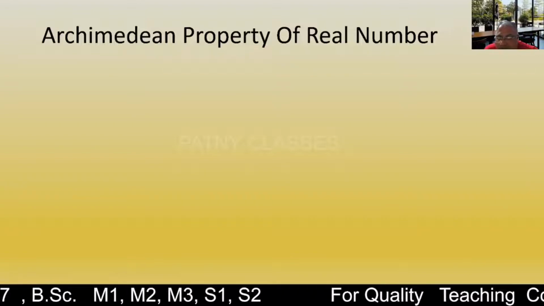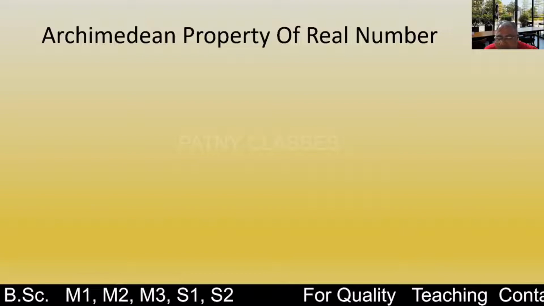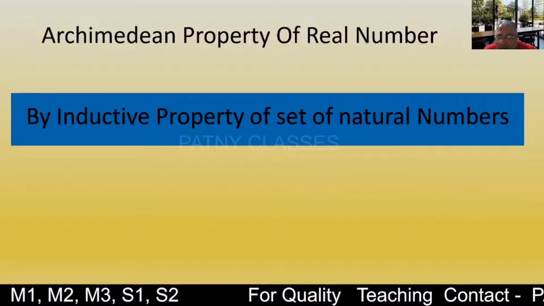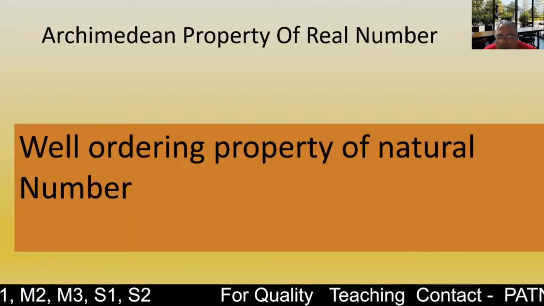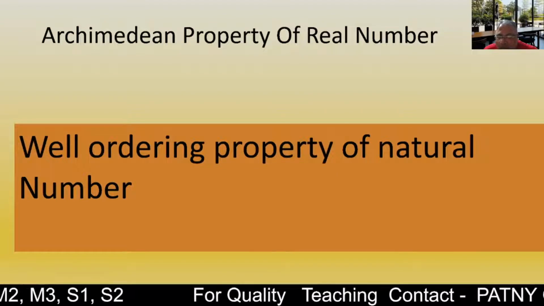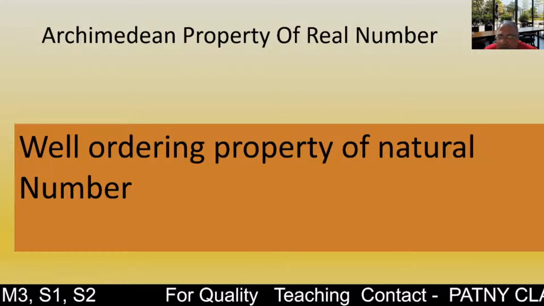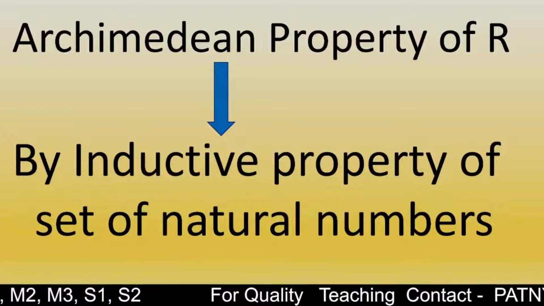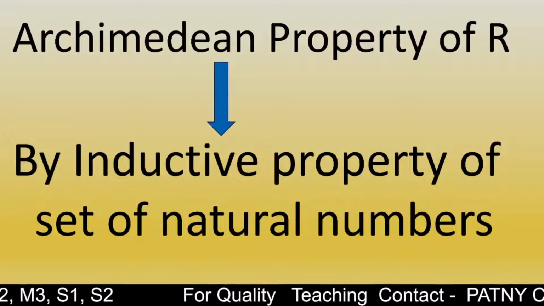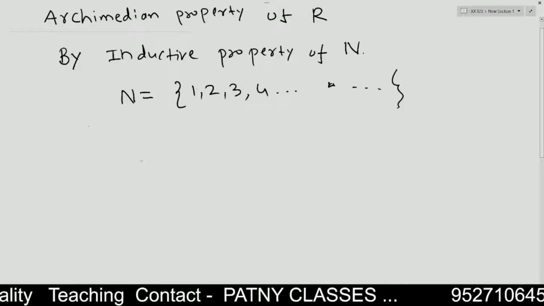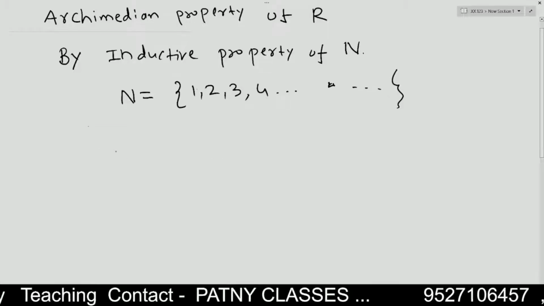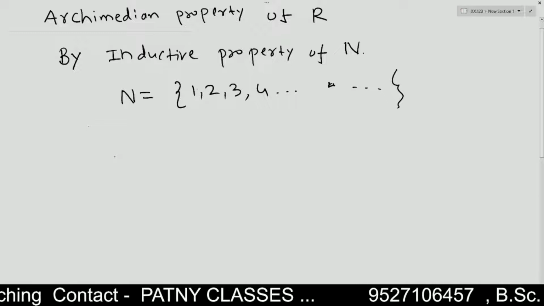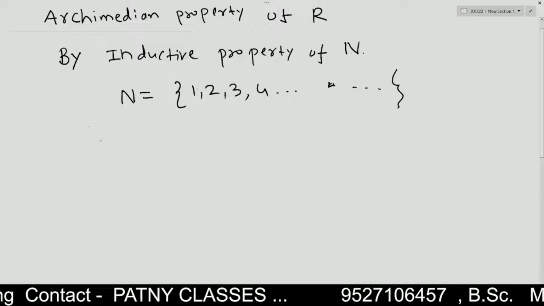Archimedean property of real numbers can be proved by the inductive property of the set of natural numbers or by using the well ordering property of natural numbers. Archimedean property of R by using inductive property of N. For that I am considering a set of natural numbers 1, 2, 3, 4 and so on.